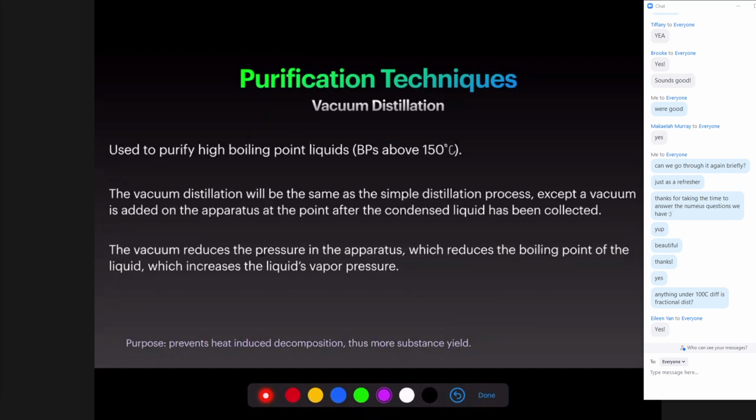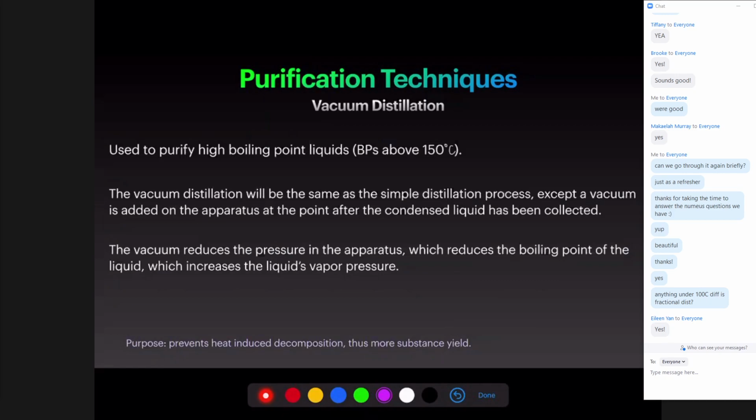So vacuum distillation is used to purify high boiling point liquids, which require boiling points above 150 degrees Celsius. The vacuum distillation will be the same as the simple distillation process, except a vacuum is added on the apparatus at the point after the condensed liquid has been collected.